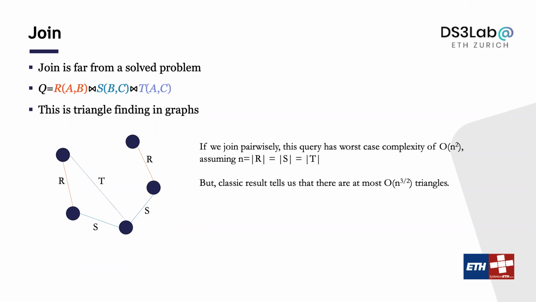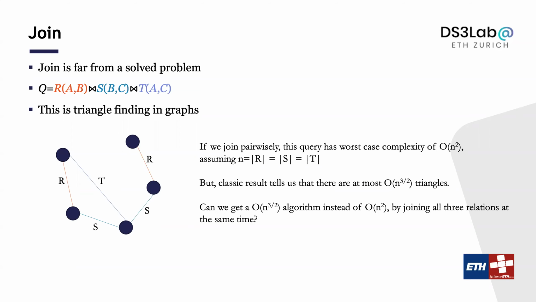My worst case complexity is n squared, but I know my output will not be n squared. So the fundamental question is, can we get an algorithm that has complexity n to the 3/2, the number of triangles in the graph, instead of n squared, by joining all three relations at the same time? That's a very interesting problem.